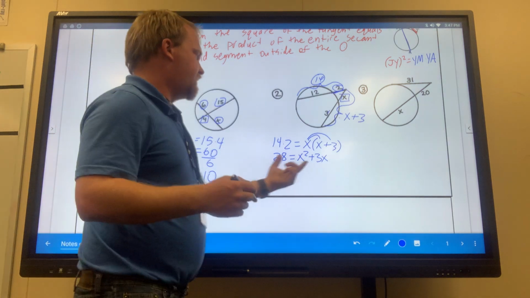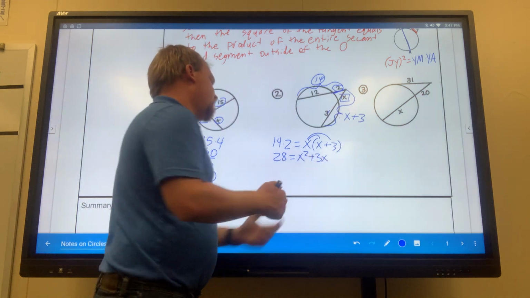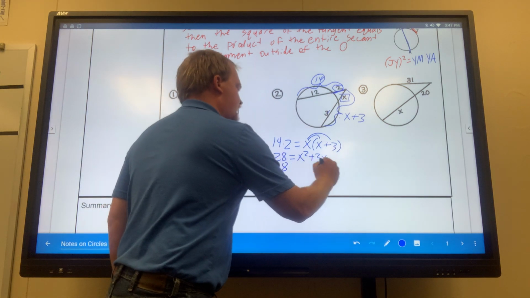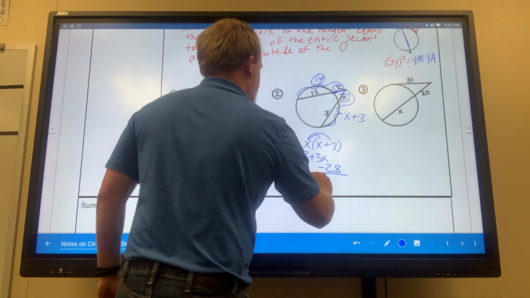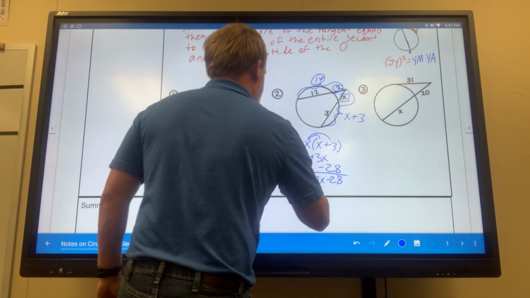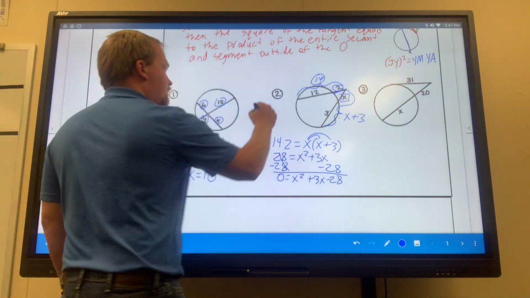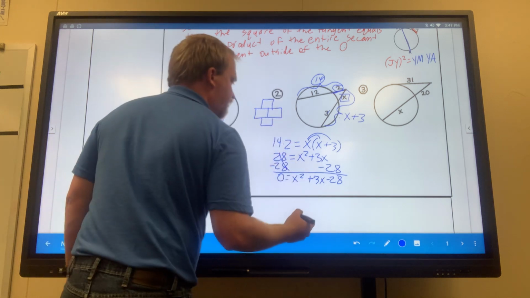Now, because we have two different x's, we've got to move this 28 over so we can factor. This is the way I taught my Algebra 1 students how to factor, and it seems to work very well. Draw a little box.